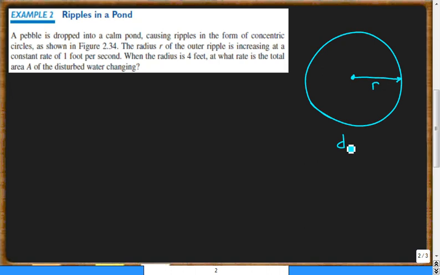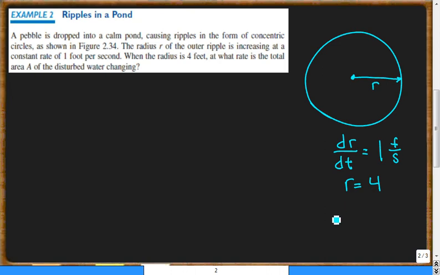So that tells us that the change of the radius with respect to time is 1 foot per second. So you can do 1 foot per second, or you can just use 1. When the radius is 4 feet, so the radius is going to be 4, at what rate is the total area of the disturbed water changing?